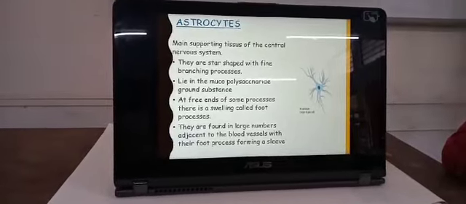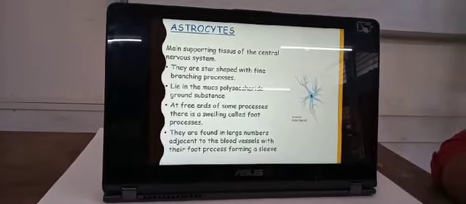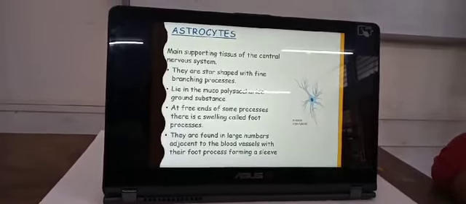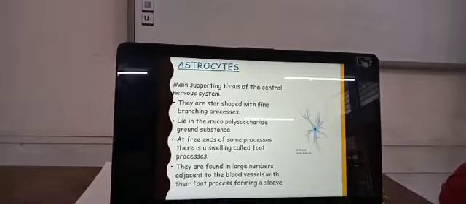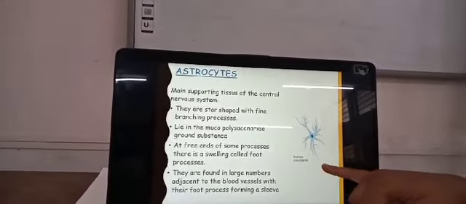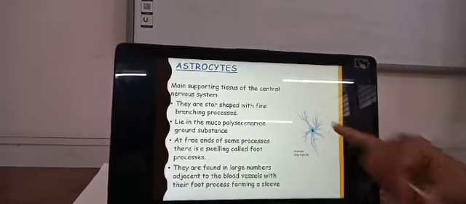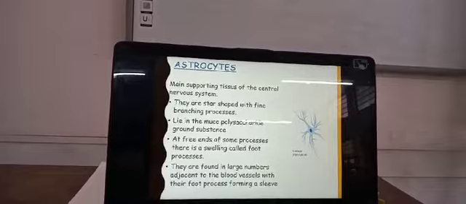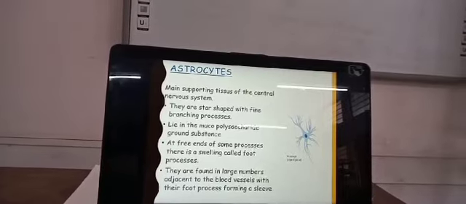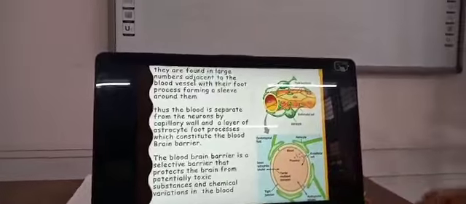Mucopolysaccharide is more like your substances that are present in the tissue. The free end of some process, there is a swelling called the foot process. The foot process will be seen here at the free ends. They are found in large numbers adjacent to the blood vessels, with the foot process forming a sleeve.